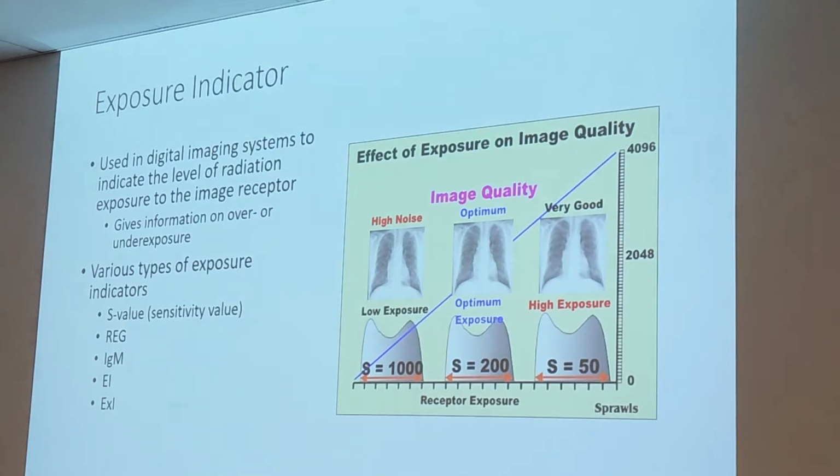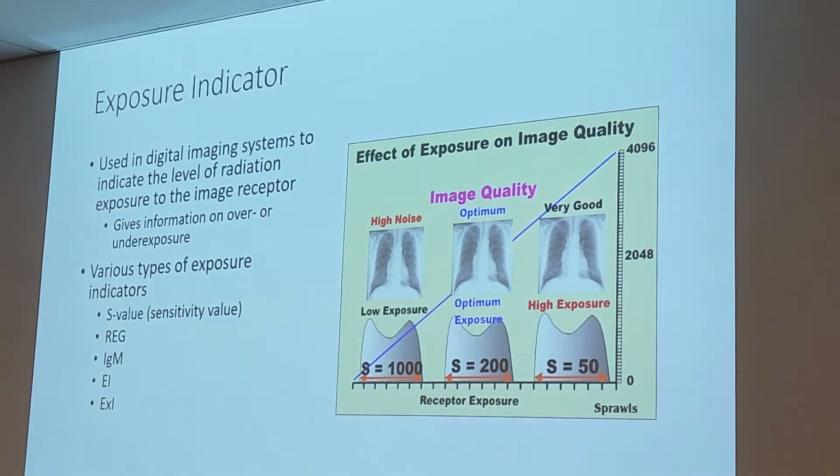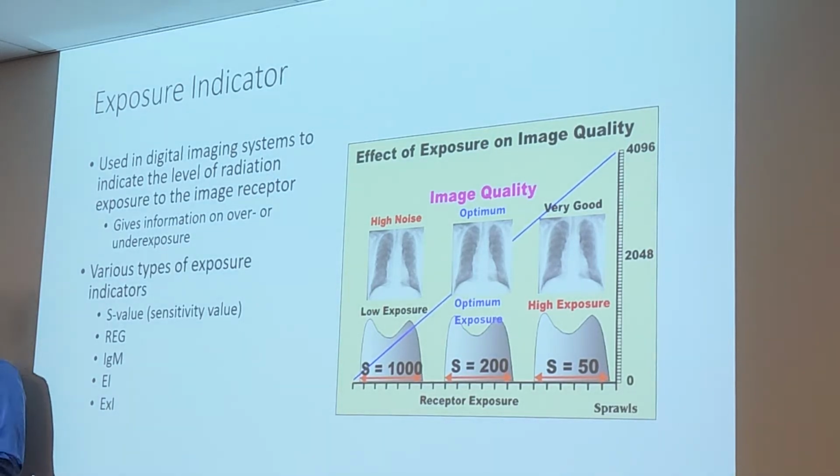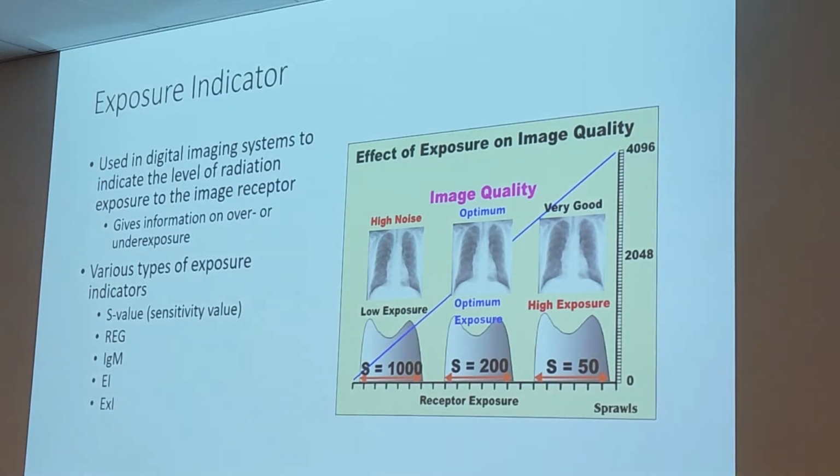So we have things called exposure indicators. You may have seen this at clinic. For example, if you are using your CR systems, with these cassettes where you have to run them in the processor, they use something called S value, sensitivity value.